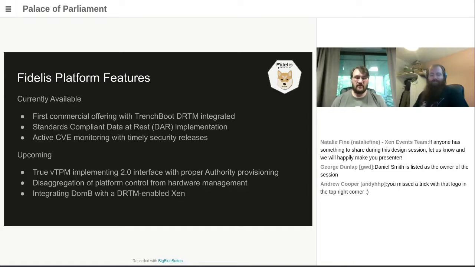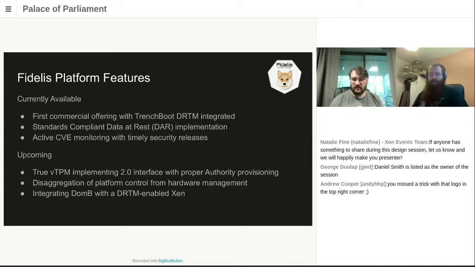And we are actively standing up CVE monitoring to provide timely security releases of basically release 1. Upcoming, we have a true vTPM implementation for the 2.0 interface with proper authority provisioning coming, which I'll touch on in more detail later.